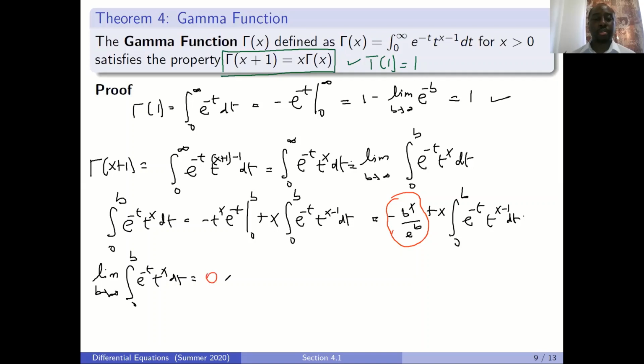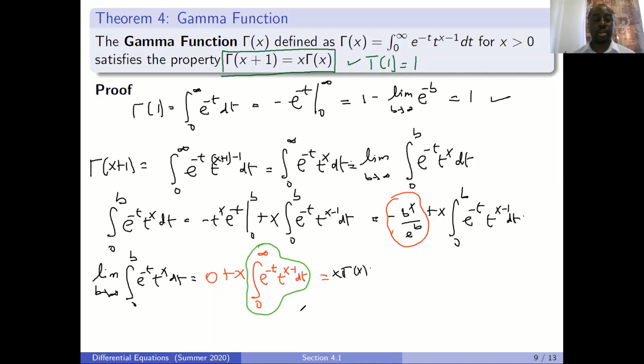So we have 0 plus, as b goes to infinity, an improper integral from 0 to infinity of e to the minus t, t to the x minus 1 dt. Notice that this integral here is gamma of x by definition. And so this is x times gamma of x.